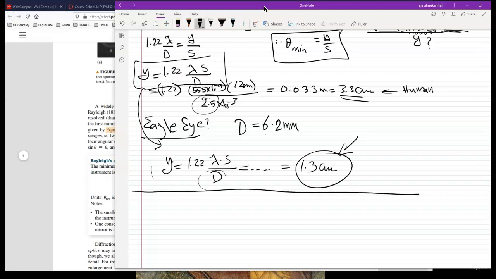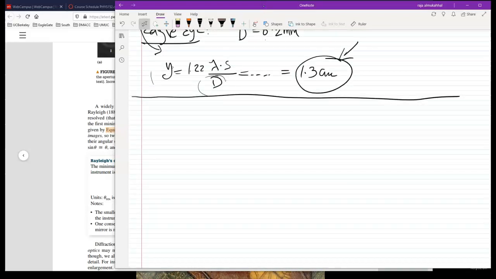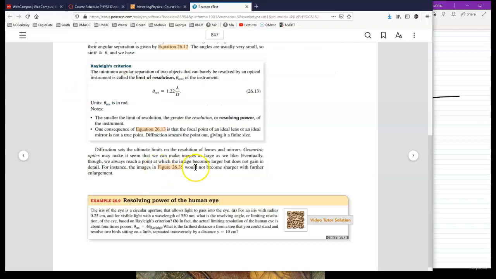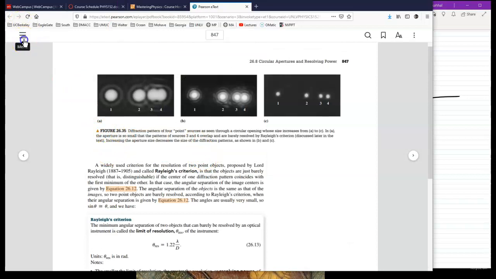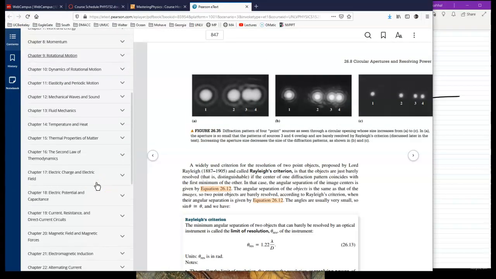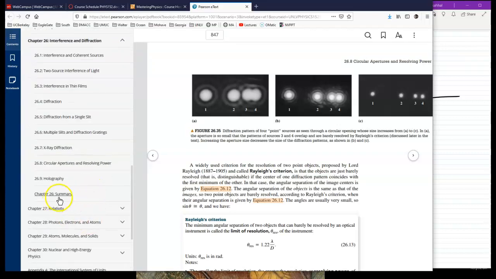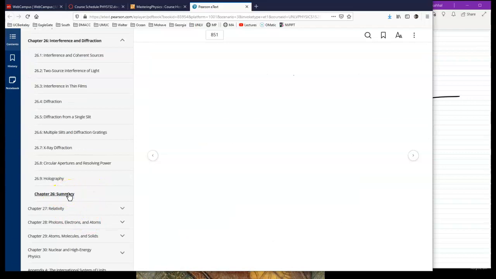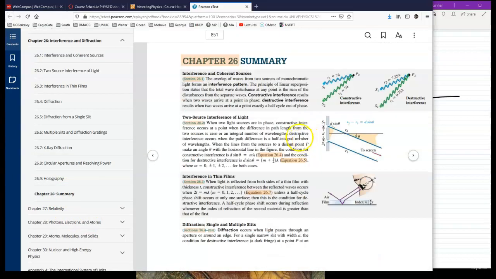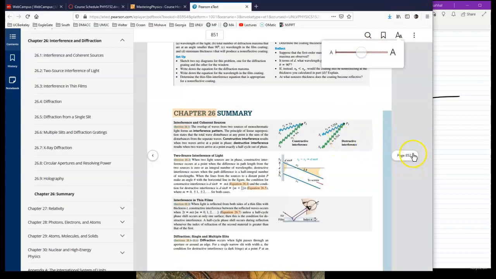Okay. One more problem, and it's from the homework, I believe, number 44. There's a lot of talking in 44. Let me show it to you here. Chapter 26. And that's probably the last problem I'm going to do today.